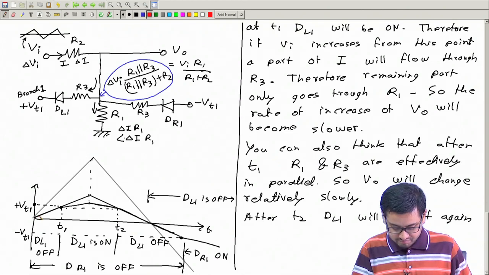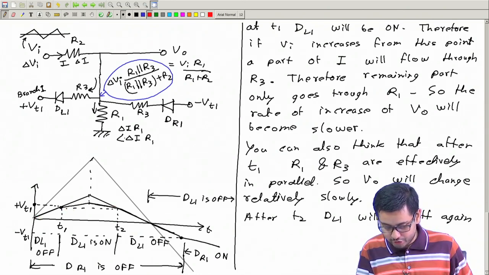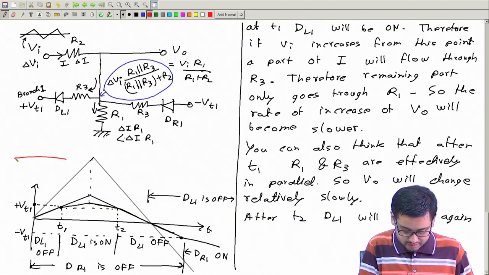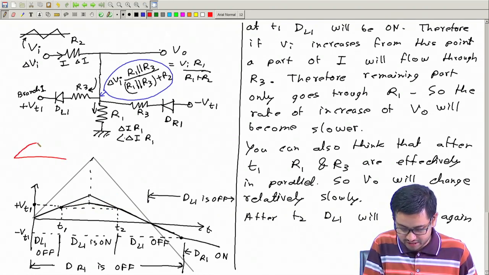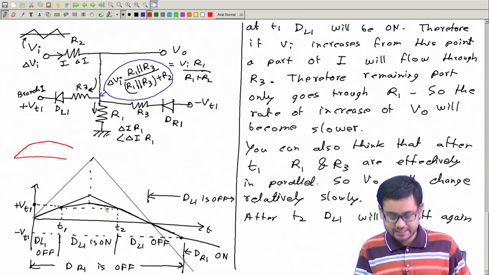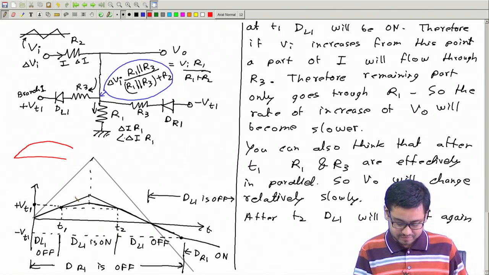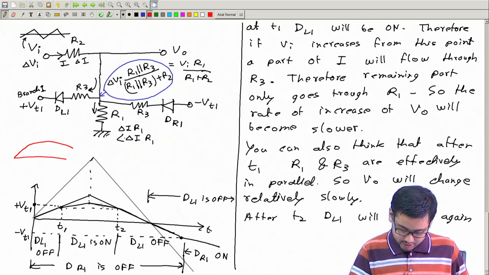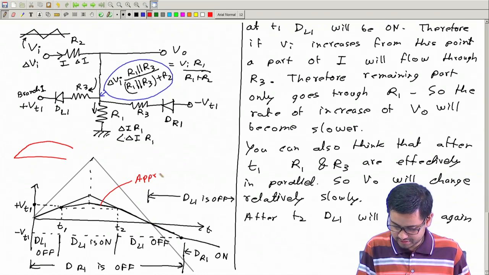So in this part the rate of change is slower. Like a sine wave, which initially increases faster, then slower, like this. So this is an approximate sine wave.